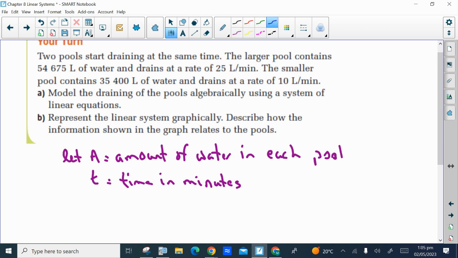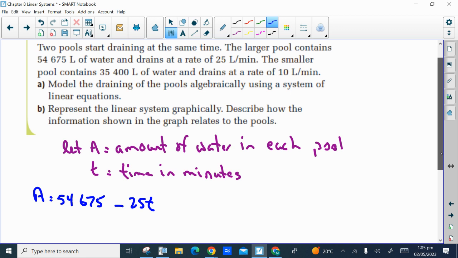Our first equation for the first pool, A, the amount remaining. It starts with 54,675 liters, and it's being drained, so the amount goes down by 25 liters every minute, and T is the number of minutes.